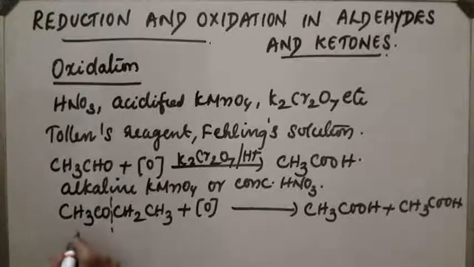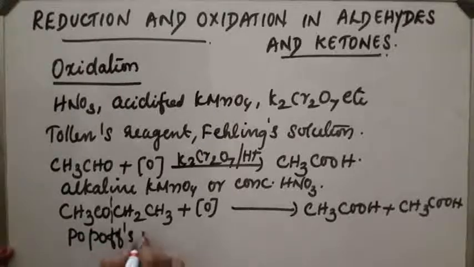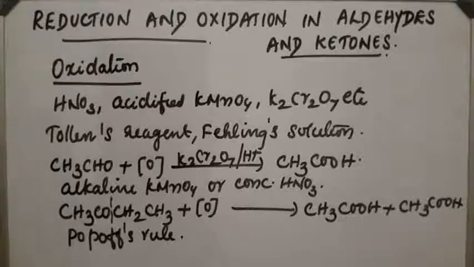This rule is known as Popov's rule. So the breakage will take place here. We get two different acids which have fewer carbon atoms than the parent ketone.